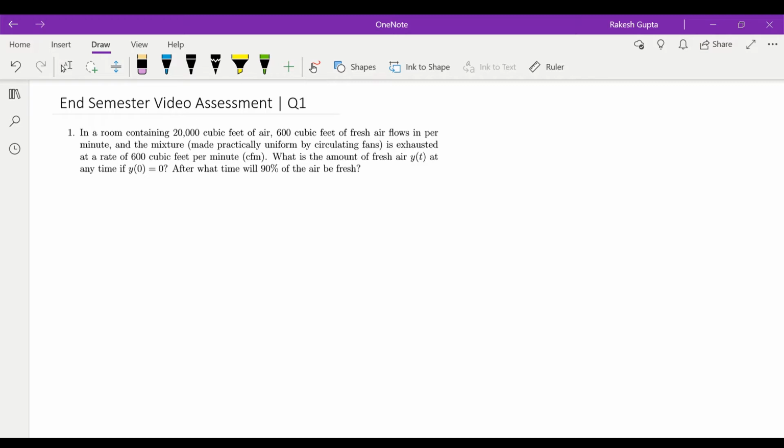Okay, so let's start by seeing what is given in the question. It is given that there is a container which has 20,000 cubic feet of air.